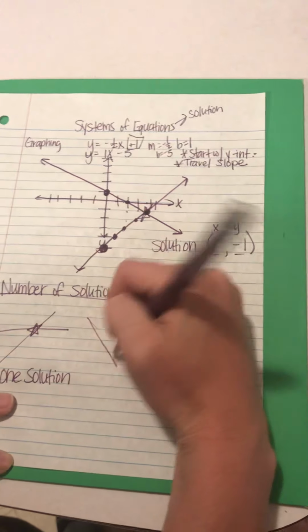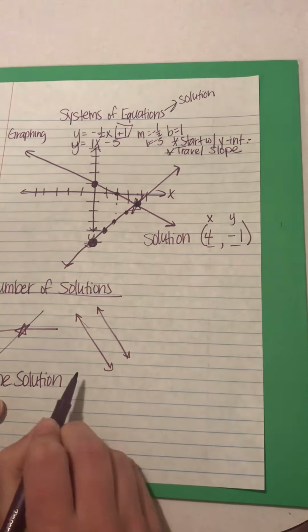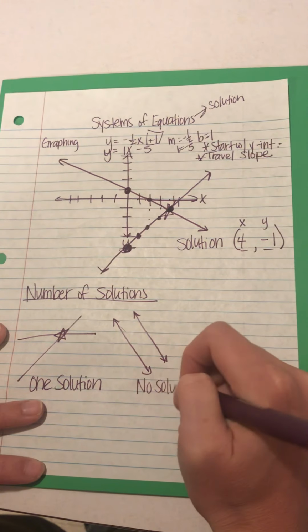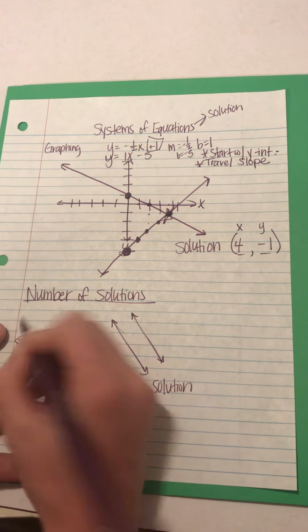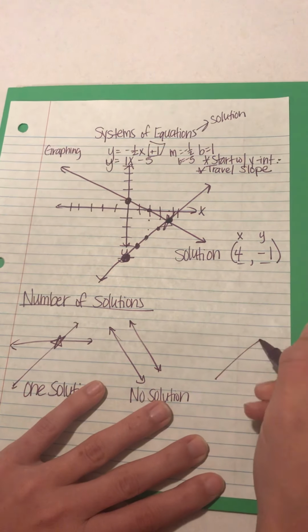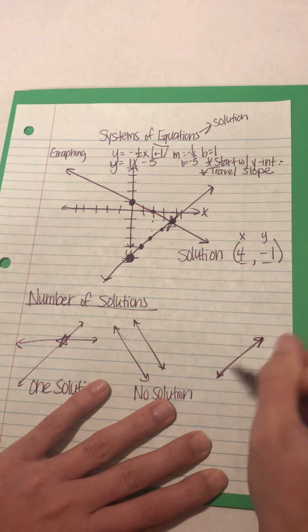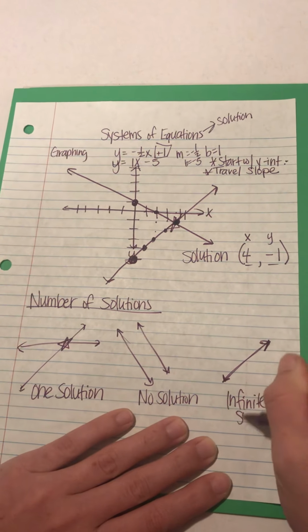If the lines never ever meet, they never cross, that's no solution because they never meet. And then if it's the same line graphed over the same line, they're always touching. That means that's infinite solutions.